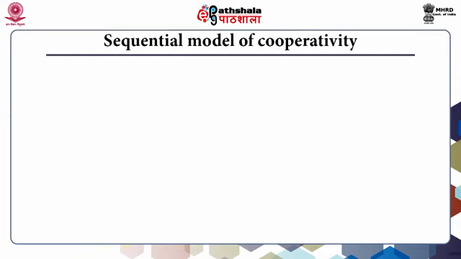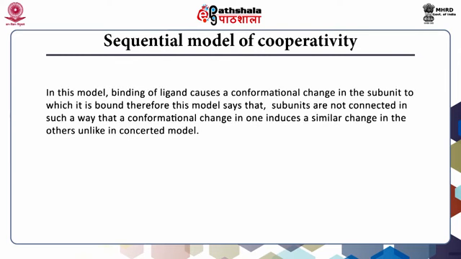Sequential model of cooperativity. In this model, binding of ligand causes a conformational change in the subunit to which it is bound. Therefore, this model says that subunits are not connected in such a way that a conformational change in one induces a similar change in the others, unlike in the concerted model as we have seen in the previous slide.